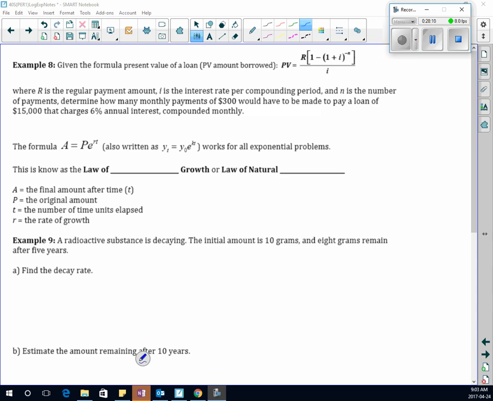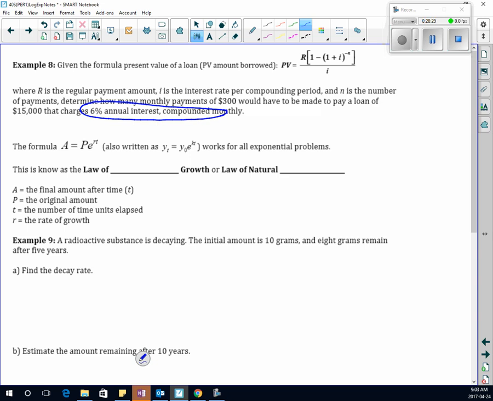Okay, so R is the regular payment amount, i is the interest rate per compounding period, n is the number of payments. How many monthly payments of $300 would have to be made to pay off a loan of $15,000 that charges 6% annual interest compounded monthly?